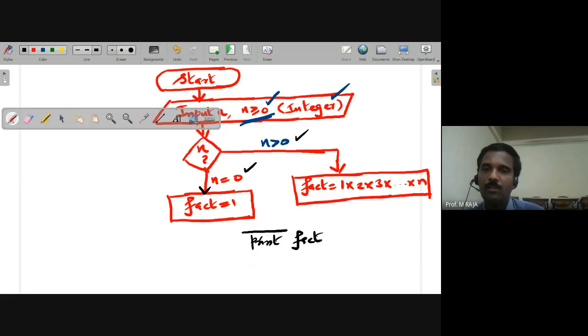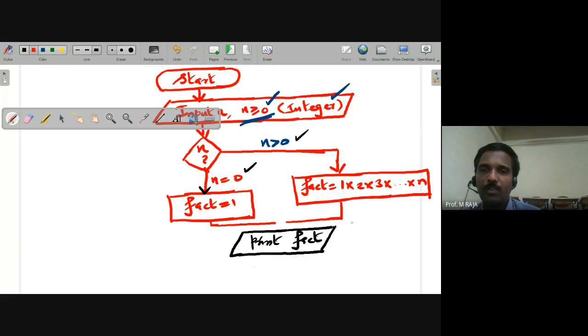So I write the print operation. This is the print operation. Then we can combine these two facts to join with this print statement. So try to construct the flowchart.